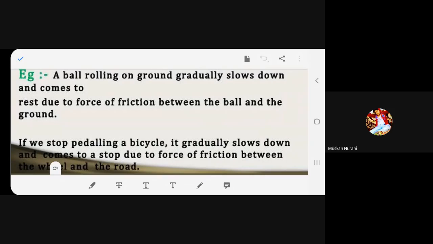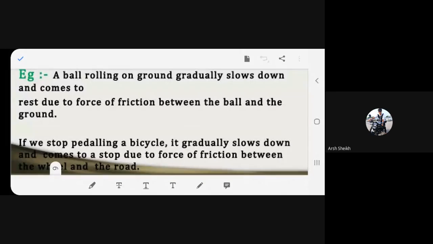What extra did you get in this slide? Can you explain? Most of the things we have already done, isn't it? Is it something new in this slide that you can explain? Boys? Yes, ma'am, the bicycle. Exactly.